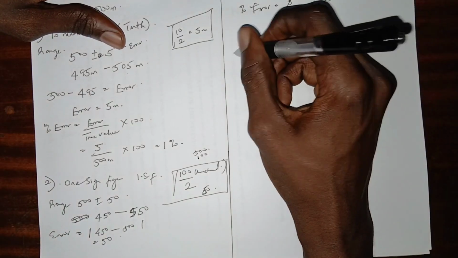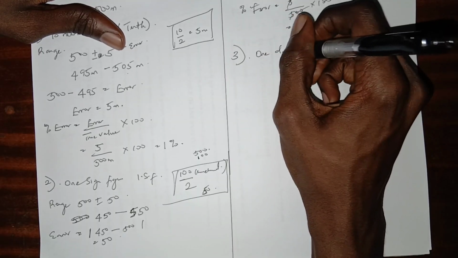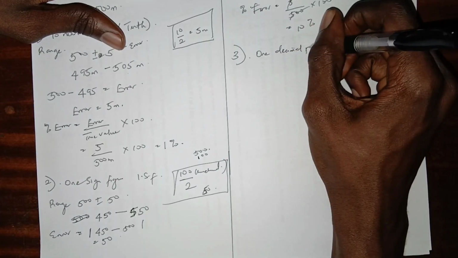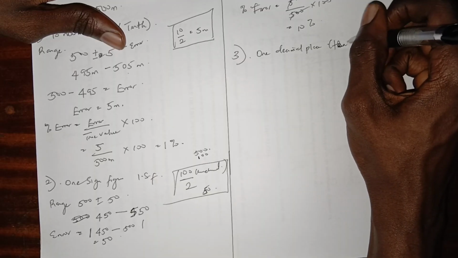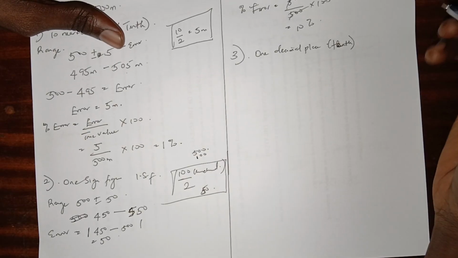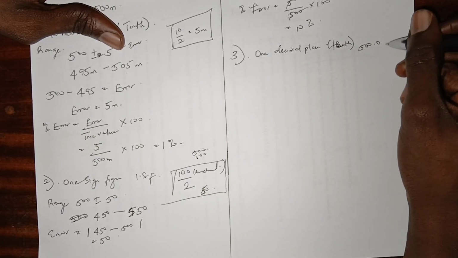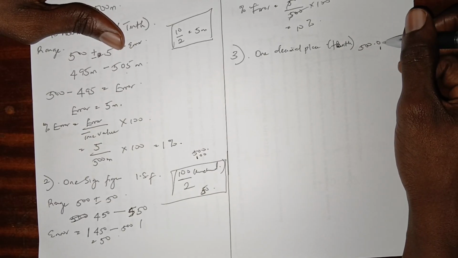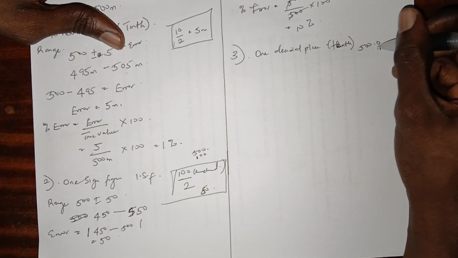The last question is when we have to do it to one decimal place, that is the tenth. So like I said, what I like to do is this: 500. One decimal place will be 0.1, so you place a 1 where your value is in this decimal place.